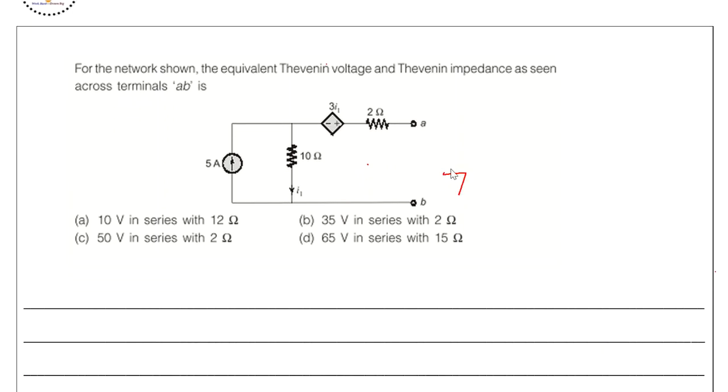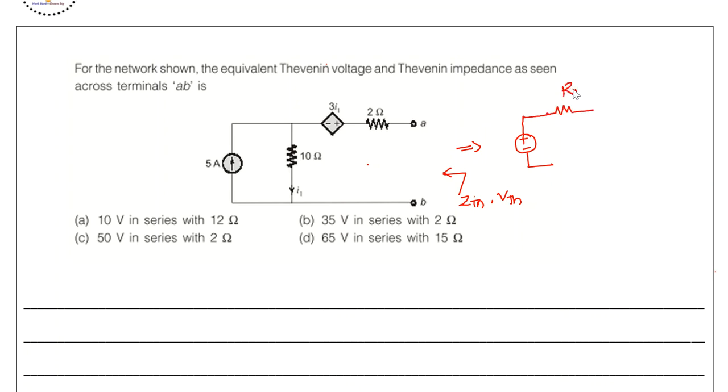Seeing from here, we need to calculate ZTH and VTH. It's a simple concept only. What is Thevenin's theorem? It says that whenever you have a network with resistances and voltage or current sources, it can be represented as a single voltage source in series with Thevenin's resistance.